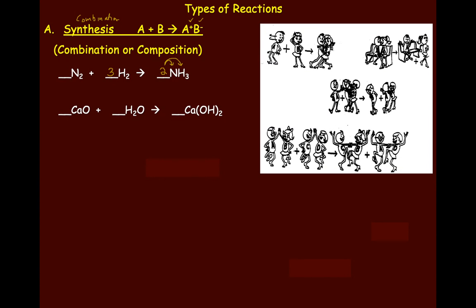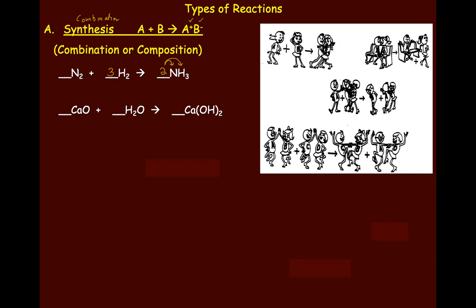Again, if you take calcium oxide and water and you put them together, you create calcium hydroxide. In this case, you have a compound and a compound making a new compound. That can also happen when you have a synthesis or combination reaction. Here, one calcium, two oxygens.